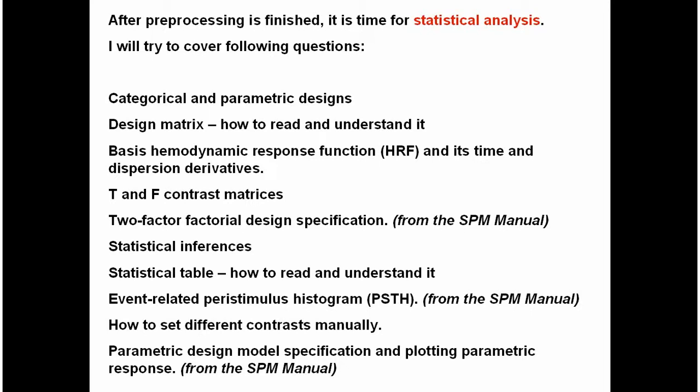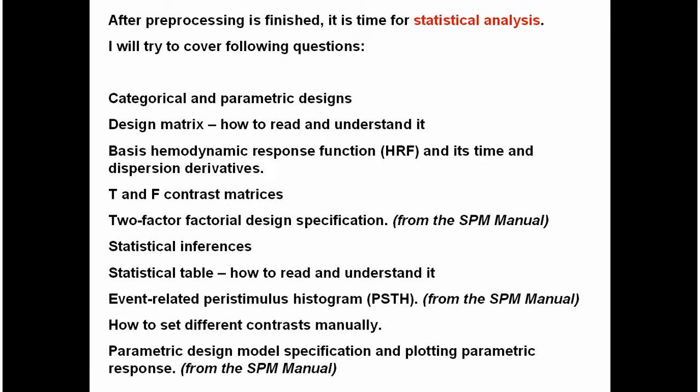We will see statistical table of SPM and carefully examine different columns of this table so that everything is clear, how to use it and how to read it. We will try to build event-related peri-stimulus histogram, again as it is described in SPM manual.